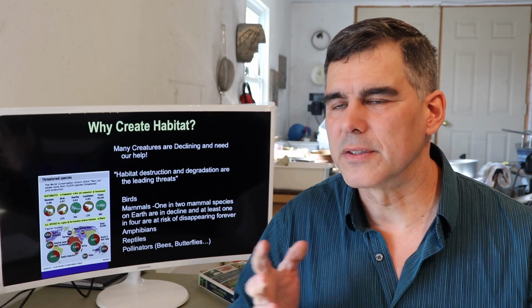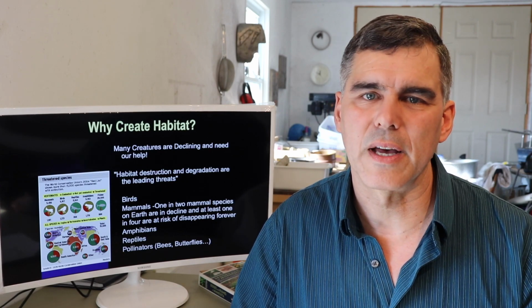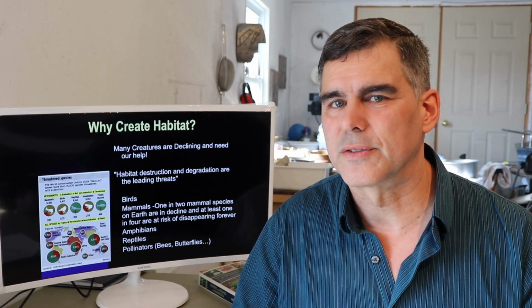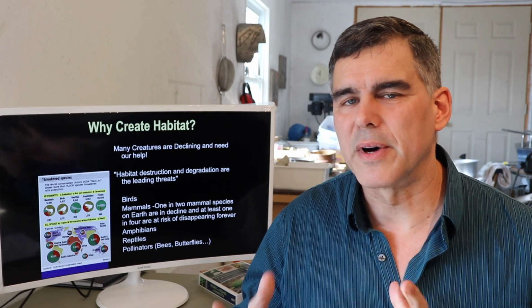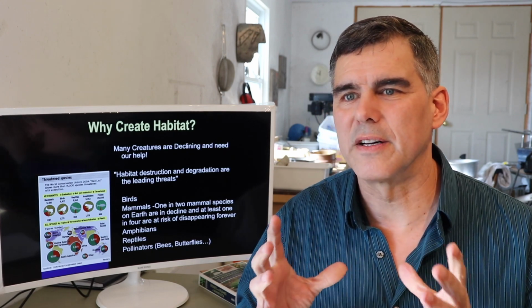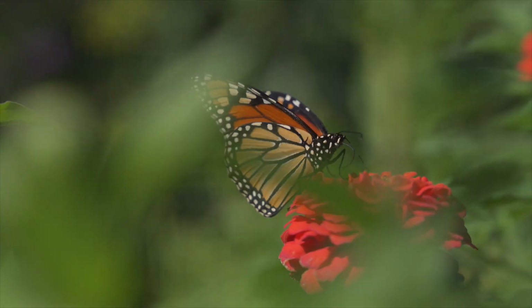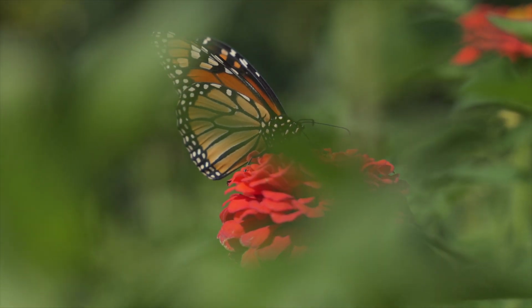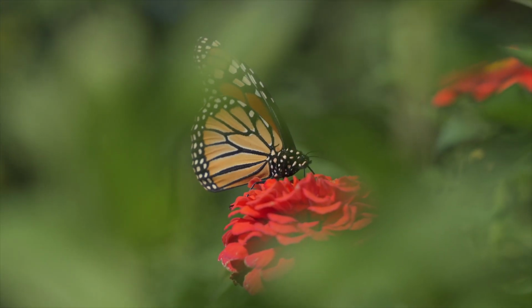And so bringing the native pollinators back, the habitat for the pollinators back, is extremely important. Things like the monarch butterfly, which is kind of an icon, a symbol for the pollinators with its long migration.